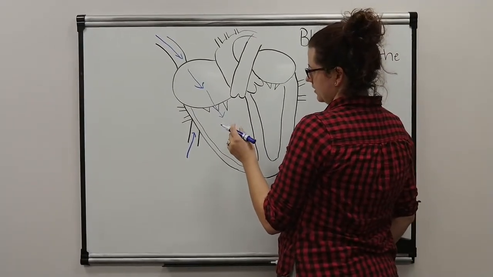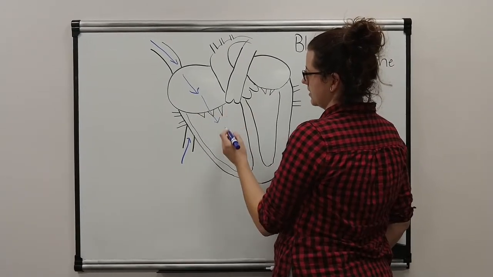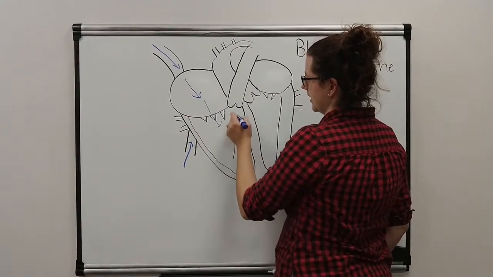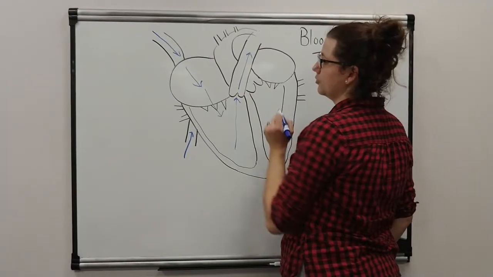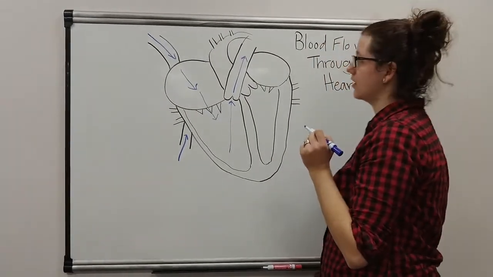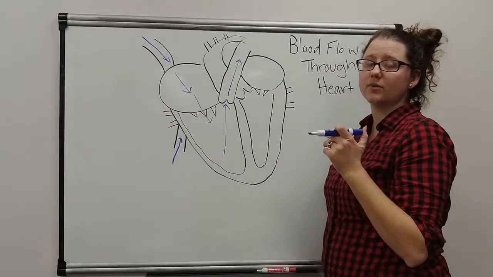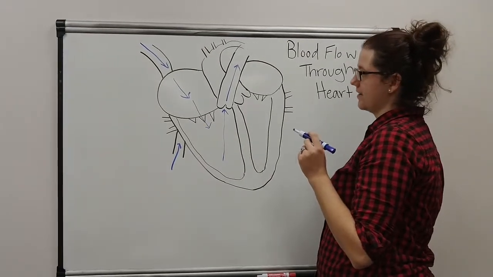During contraction, the tricuspid valve closes and the pulmonary semilunar valve opens, pushing blood through the valve into the pulmonary artery or pulmonary trunk. This blood flows into the lungs where it is oxygenated by the alveoli.